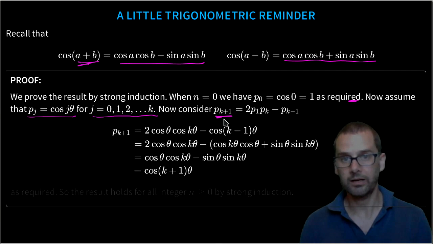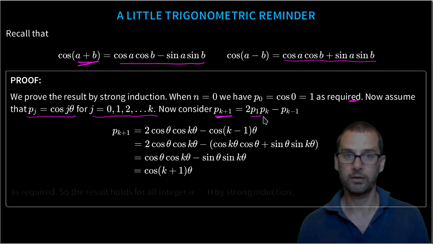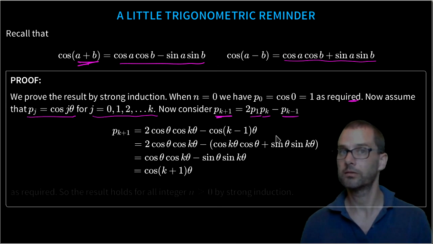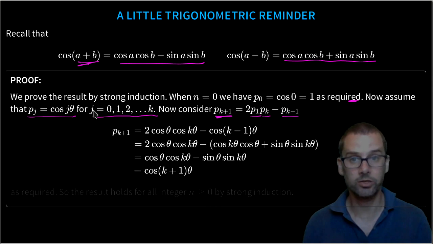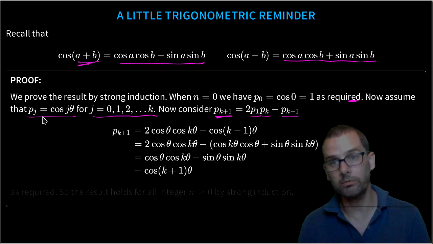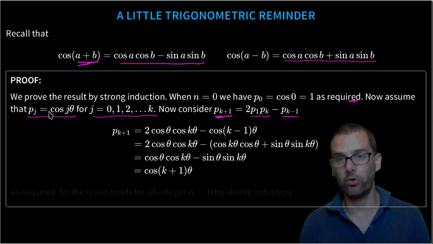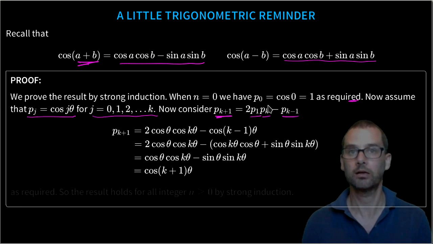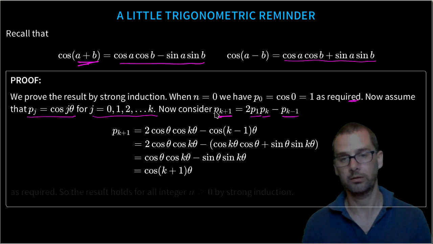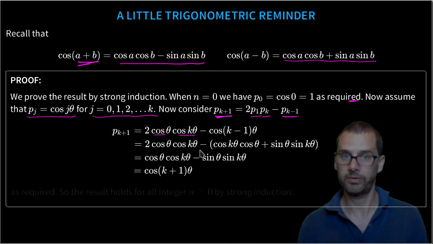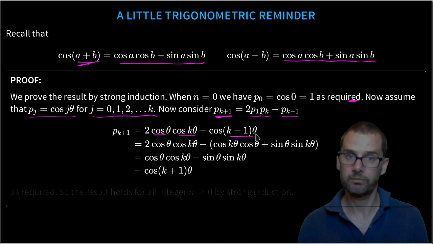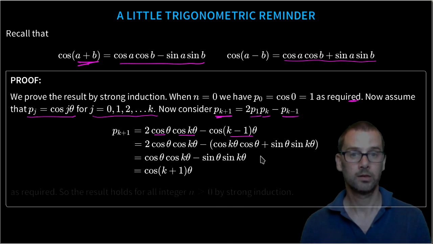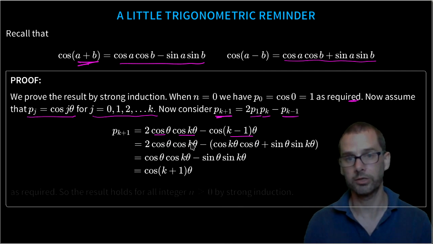So let's consider the recurrence for the next term. The recurrence for the next term is 2 P1 Pk minus Pk minus 1. So let's substitute in this. We've assumed that this is true for all the previous cases, and so we can just substitute those into this recurrence and make sure that it gives us the right thing. So Pk plus 1 is 2 P1 Pk minus Pk minus 1, and then it's just massaging some trigonometry around.